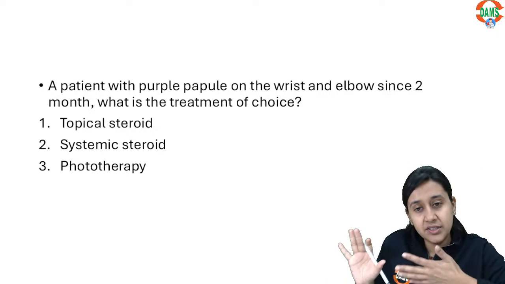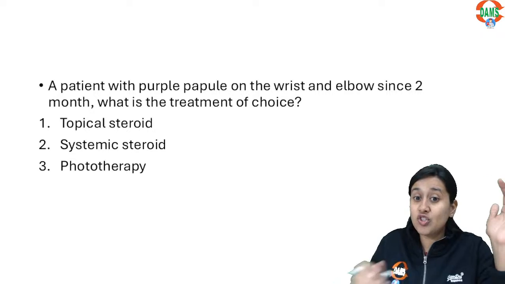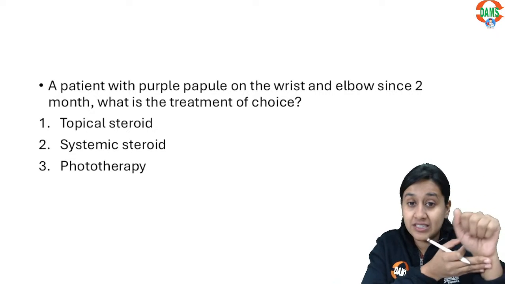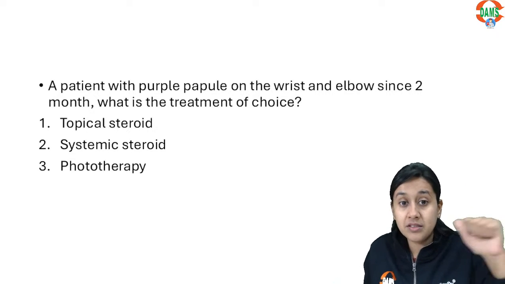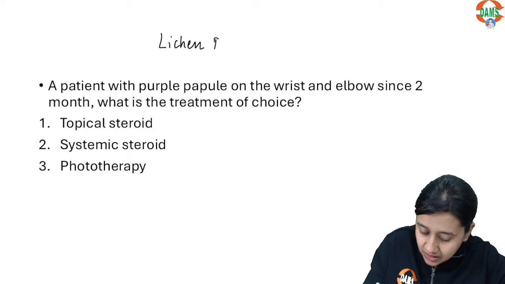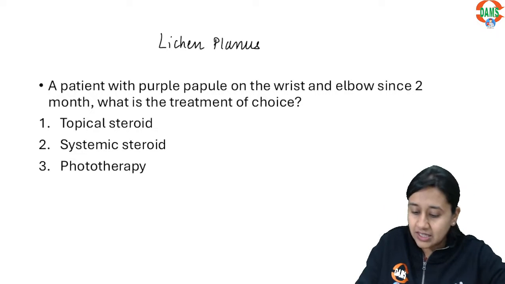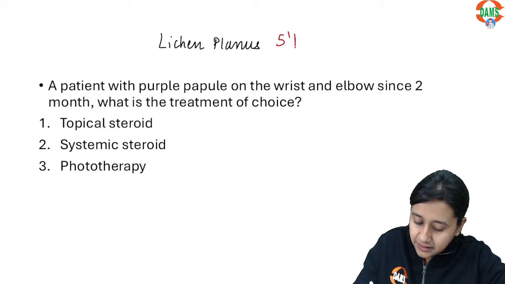I think even with this much history, that a patient has purple papules present on the flexural area, that is on the wrist and the elbow, since 2 months, this is a very classical description of lichen planus. And why am I saying that this is lichen planus? What are the classical 5 P's of lichen planus?